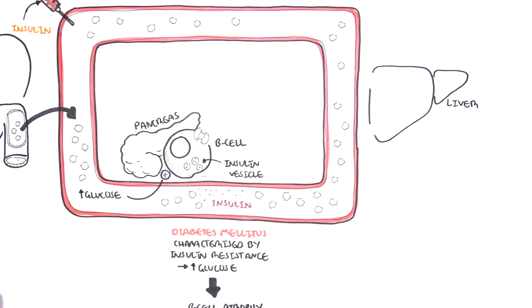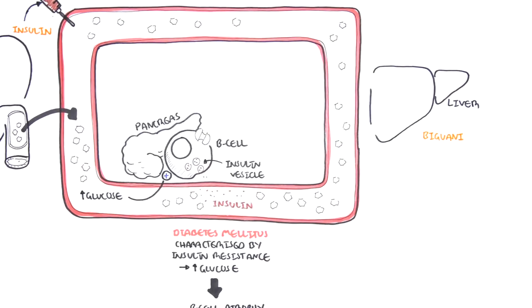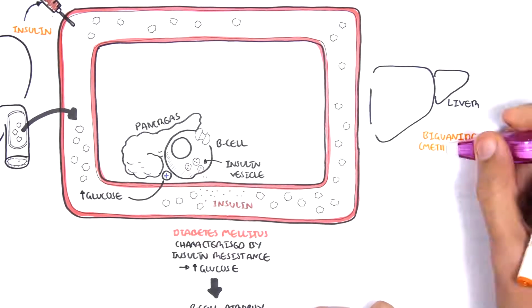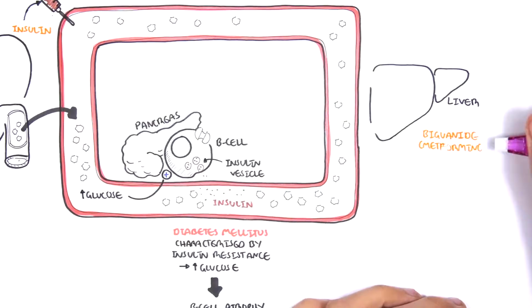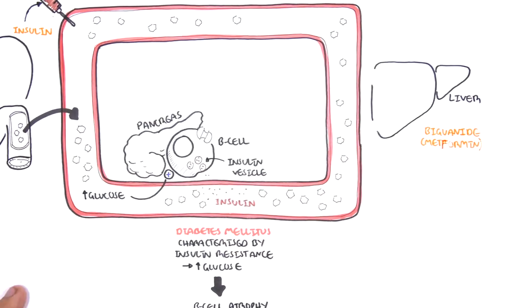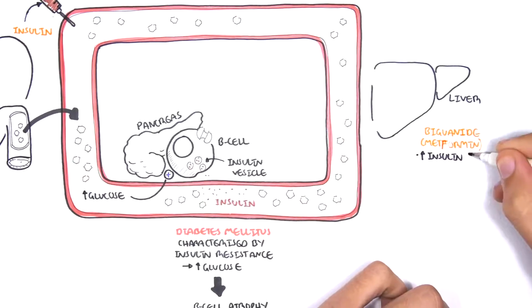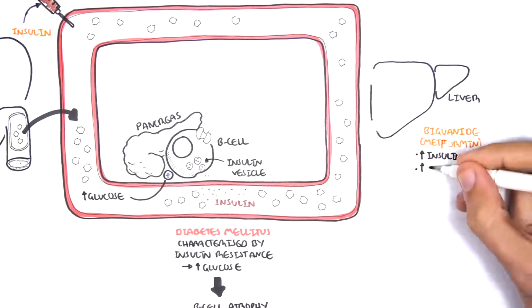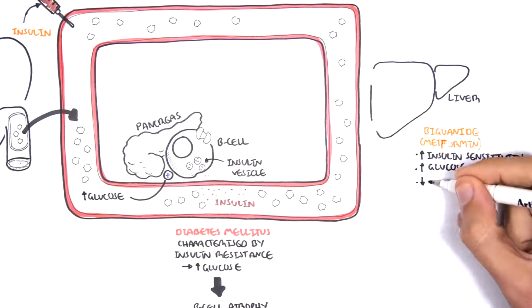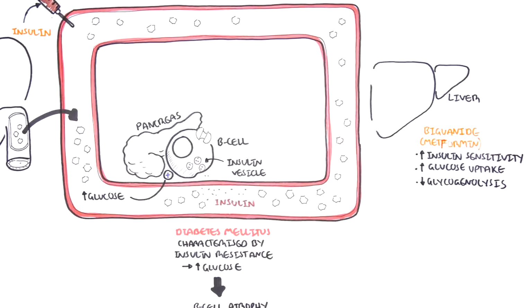Now, the actual pharmacological medication that we'll firstly talk about is a biguanide. And a good example is metformin. And metformin is a first-line treatment for patients with diabetes type 2. Essentially what they do is that they will cause an increase in insulin sensitivity. They will increase glucose uptake in tissues, as well as decreasing glycogenolysis.